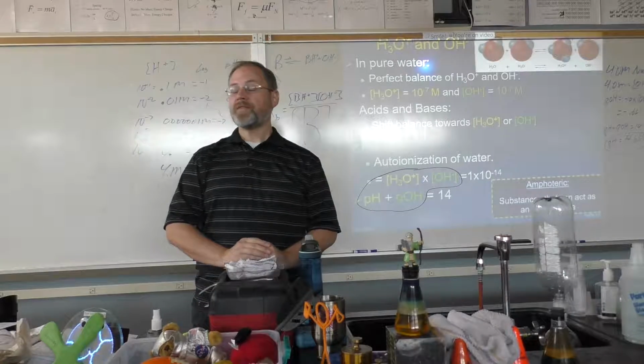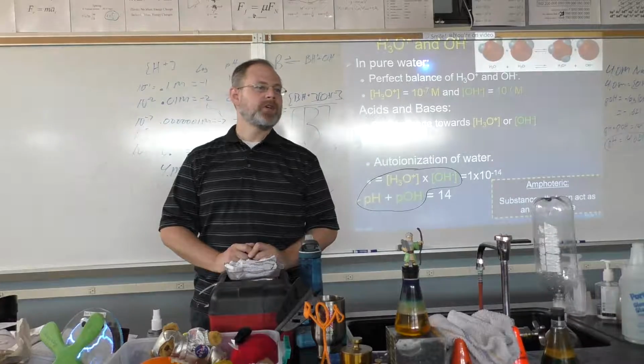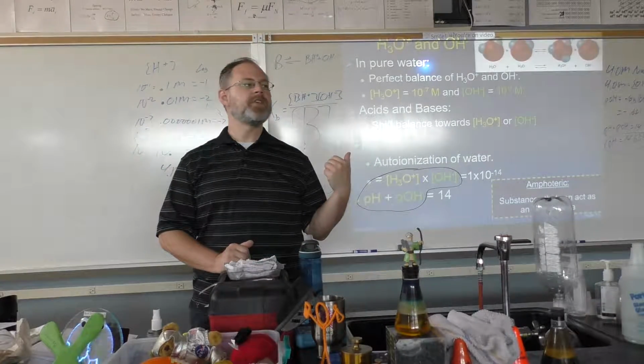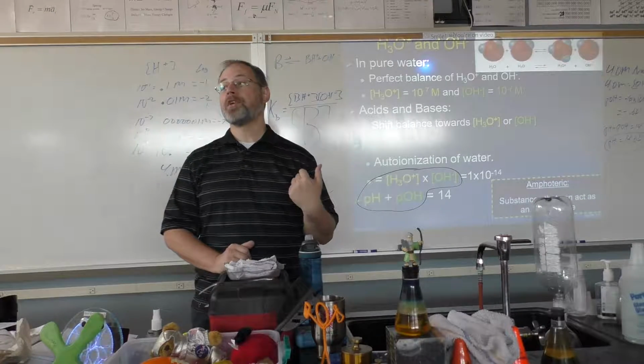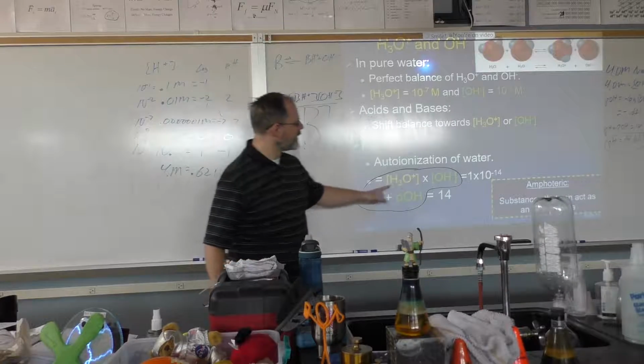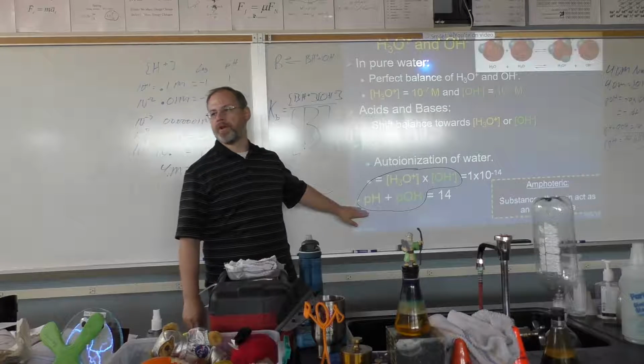It's going to say this solution has a concentration of this. And if you need pOH, it's not going to give you the pOH, it's going to give you the pH. And if you need the OH concentration, it's not going to give you the OH concentration, it's going to give you the pH. Because if you have any one of these 4, you have all 4 with this relationship.